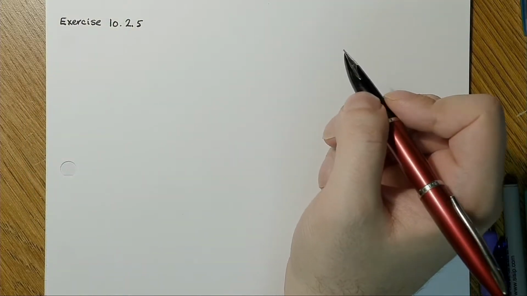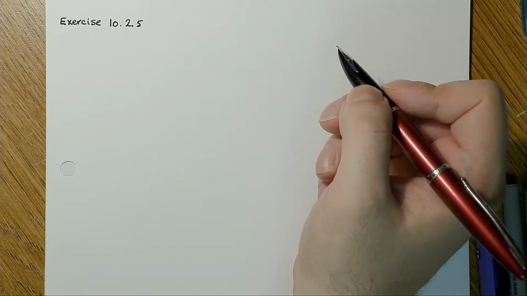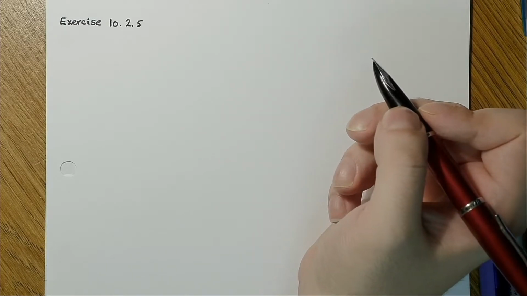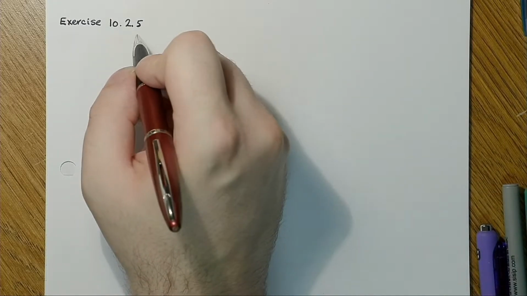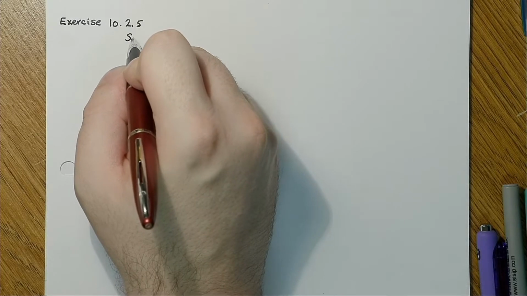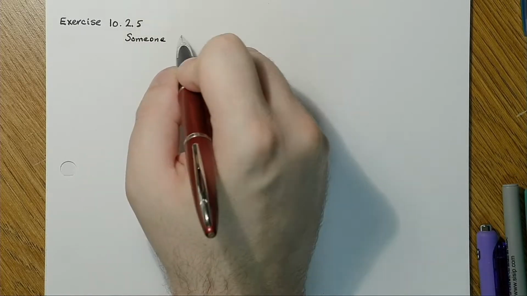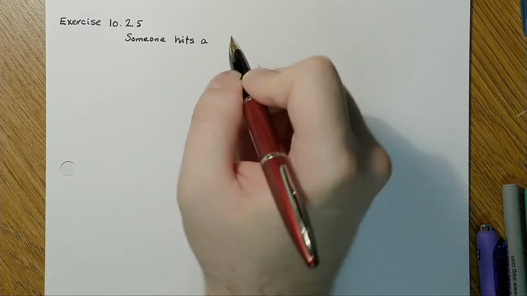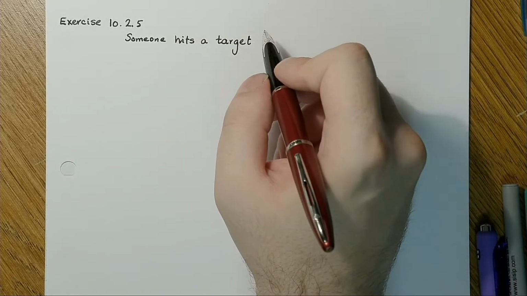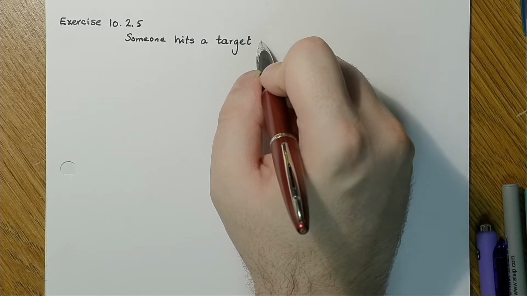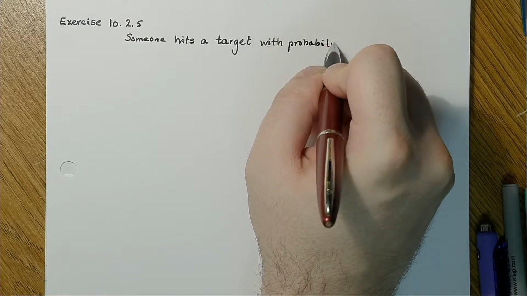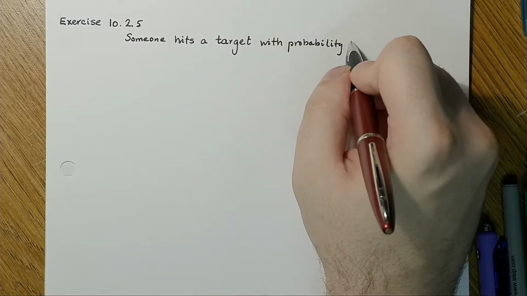Here's exercise 10.2.5. It says that the probability that a marksman misses his target on any given shot is 0.10, so someone hits a target with probability 0.9.